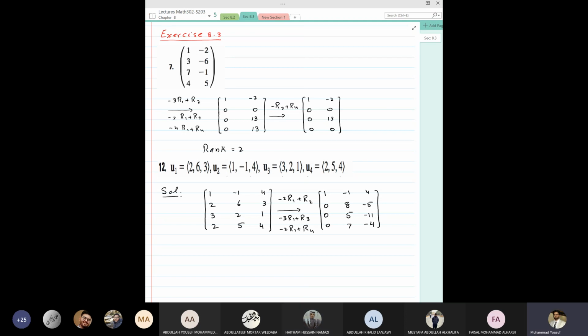You can complete this. Of course, you need to apply some row operations, and at the end you will see whether they are linearly independent or dependent. Again, if you get a 0 row, then linearly dependent. If all rows are non-zero, then linearly independent.